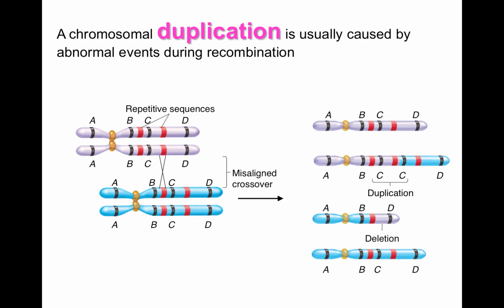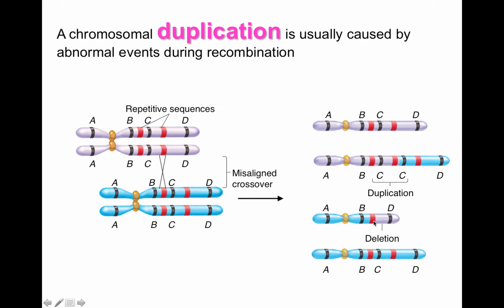Duplications are caused by abnormal events during recombination. Usually what happens is one of the chromosomes, when you're lining up your homologous pair, ends up with a deletion, and the other one ends up with an extra piece of the other chromosome. So here we have our duplicated region, where both of these parts of the same chromatid are from the same homologous chromosome.